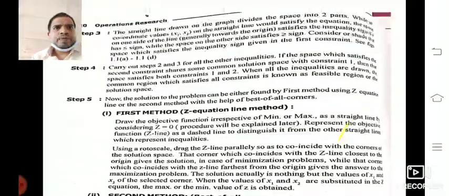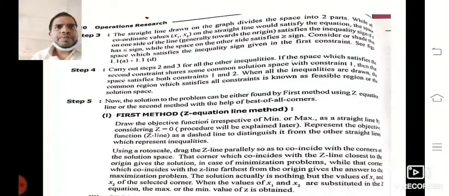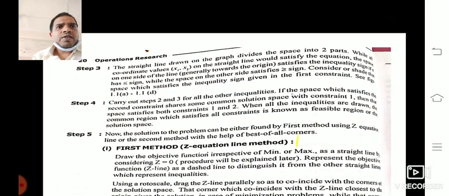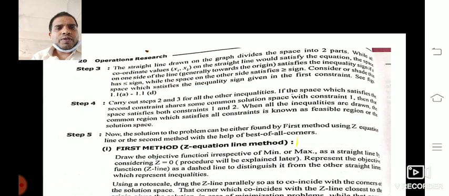Next, third step: the straight line drawn on the graph divides the space into two parts. While all the coordinate values x1 and x2 on the straight line satisfy the equation, the space on one side of the line, generally towards the origin, satisfies the inequality if it has a less than or equal sign.